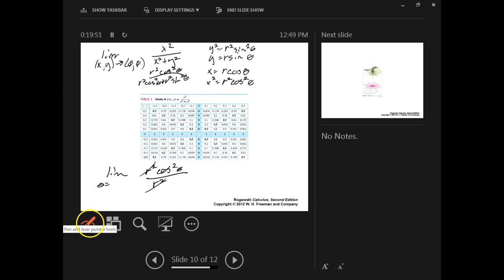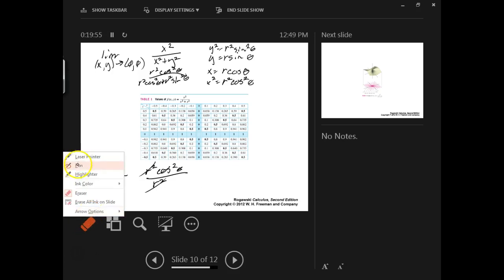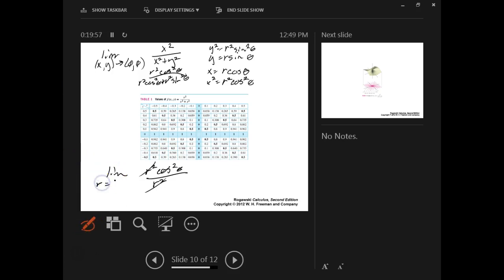So this is r approaching 0, going toward the origin, of cosine squared theta. Guess what? Doesn't matter what theta is, if r is going to 0, you've lost your r's. So cosine squared will be anything between 0 and 1 as r is coming in.